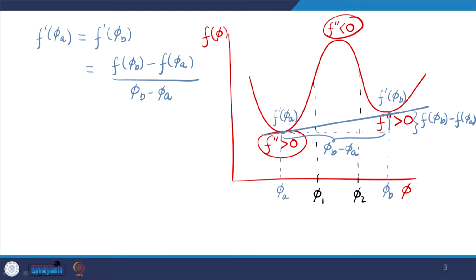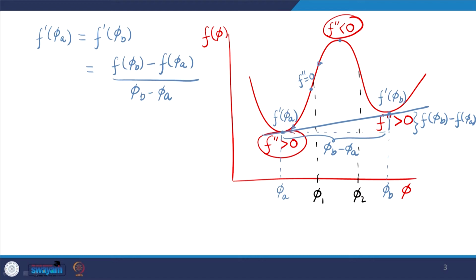Now, there is something interesting here. If, for example, I start from this maxima point on the curve, and let us say I go towards any of the two minima, for example in this particular direction towards this minima right here, while doing that, the f double prime is going from a negative value to a positive value. So, you can expect that there would be a point on the curve where the f double prime is equal to 0.